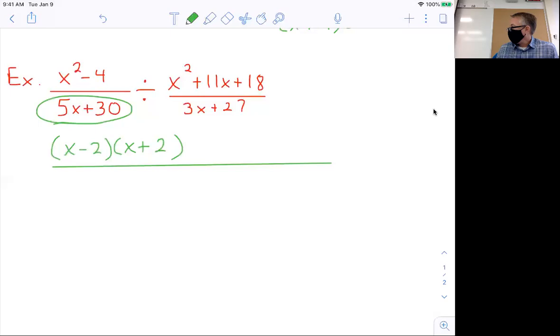And our bottom left, we have a GCF of 5, a greatest common factor of 5. So I can factor a 5 out times x plus 6.